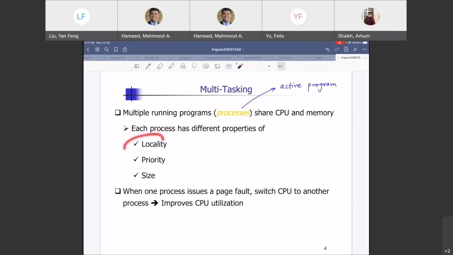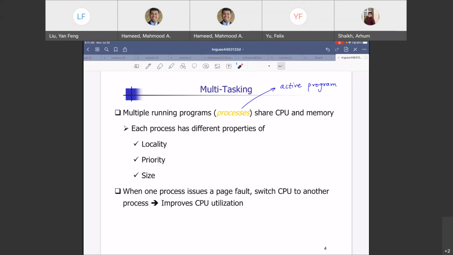Each process will have a different spatial locality and temporal locality. Priority: some processes are high priority, some others low priority. Operating system processes tend to be generally high priority. Size of the program: some applications will tend to be really large, while others can be very small.